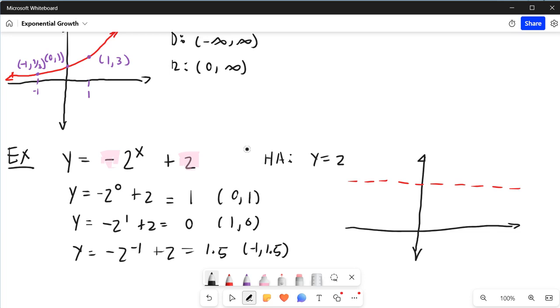Okay, so in this case, we're going to plot these points. We have 0, 1, we have 1, 0, and we'll try to get the sketch as best as possible. It comes from this side, and actually, that's not going to work, right? So let's do this.